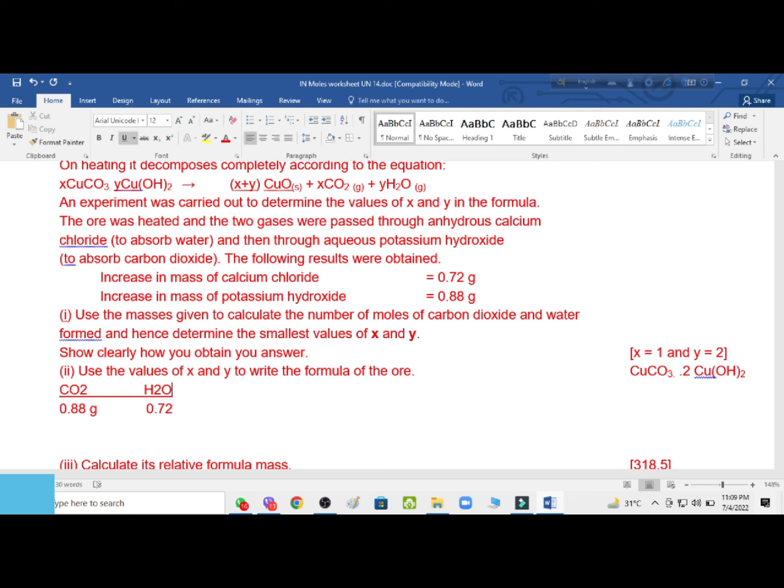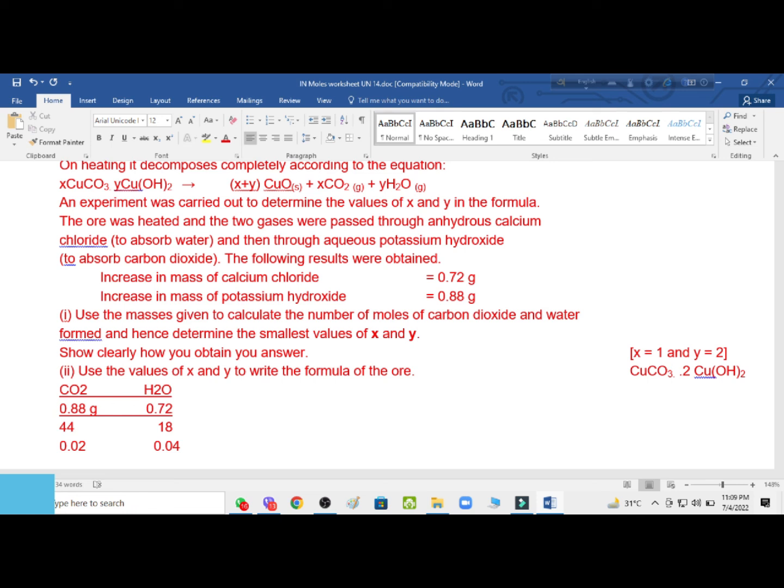So when we divide both of them with the respective molar mass, this is 44 here and 18 here, what do we get? 0.88 divided by 44. This gives 0.02. This is a very common answer we get several times. The next one is 0.72 divided by 18, 0.04. Now convert them into round figures.